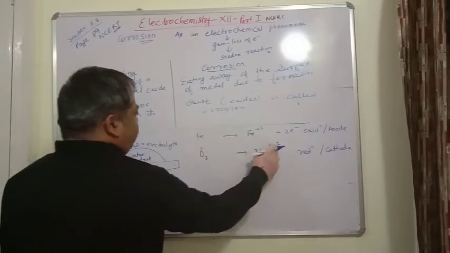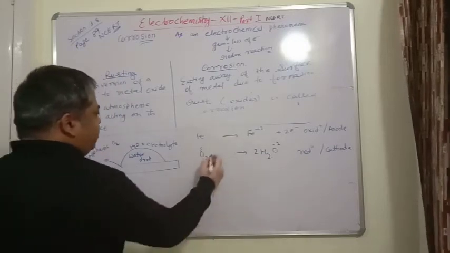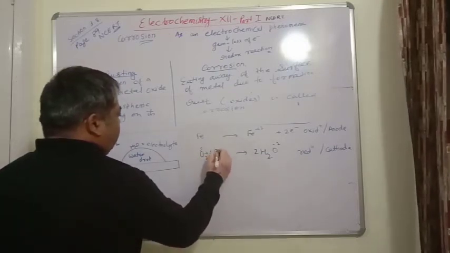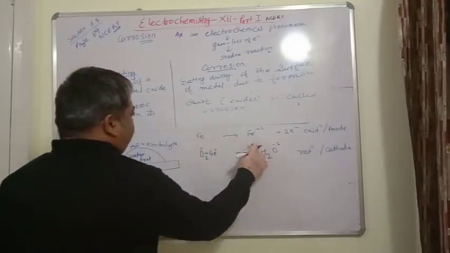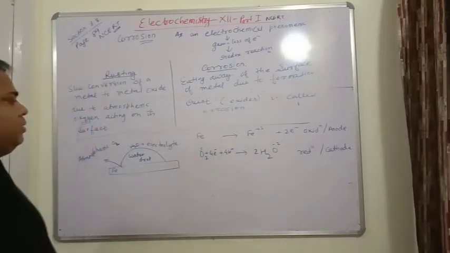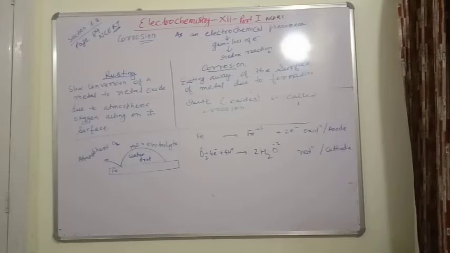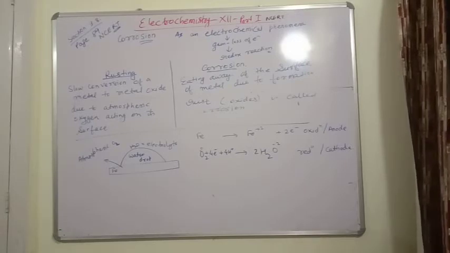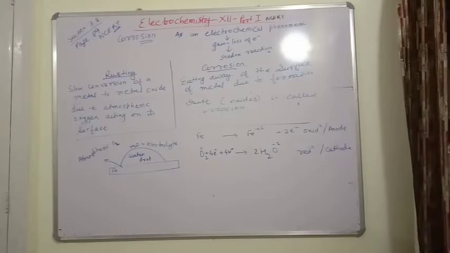Now 4 negative charges are there, so we'll give 4 electrons, and now 4 hydrogen atoms are there, so 4H+. In this way the metal oxidizes and oxygen reduces.